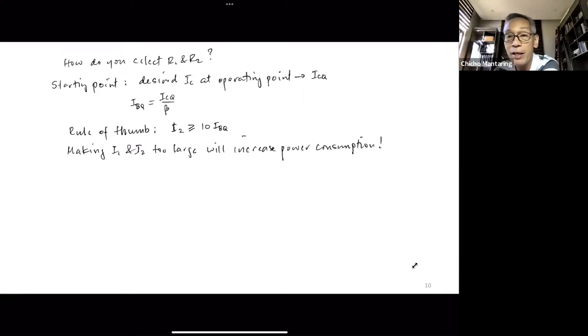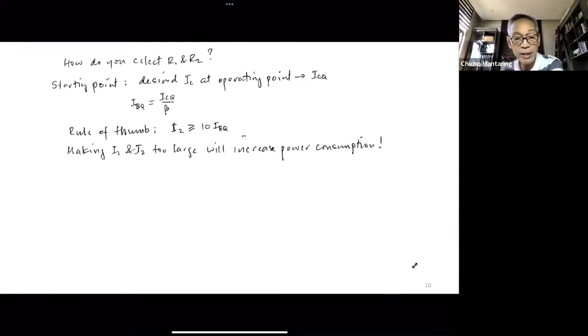So the circuits that they design in that mobile phone are designed for as low a power consumption as possible. That's why we don't want to make I1 and I2 too large. So usually ito ginagamit na rule of thumb.